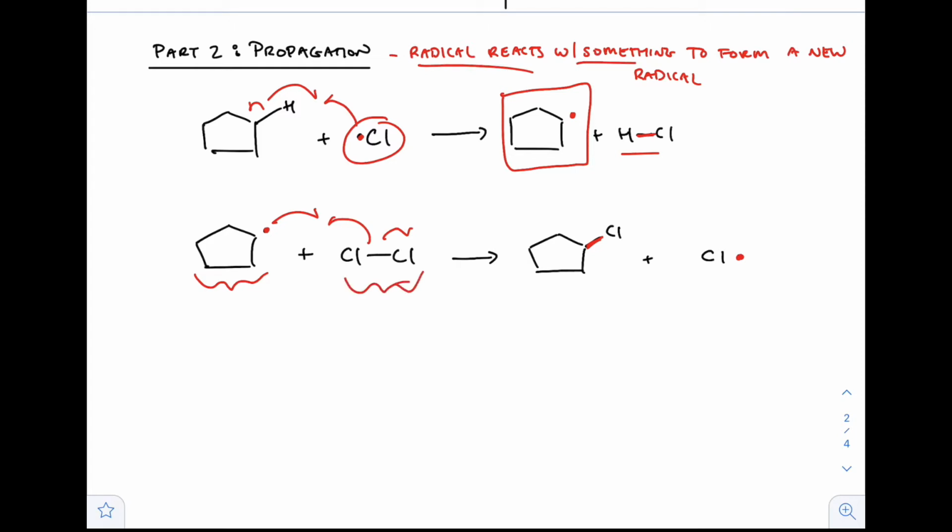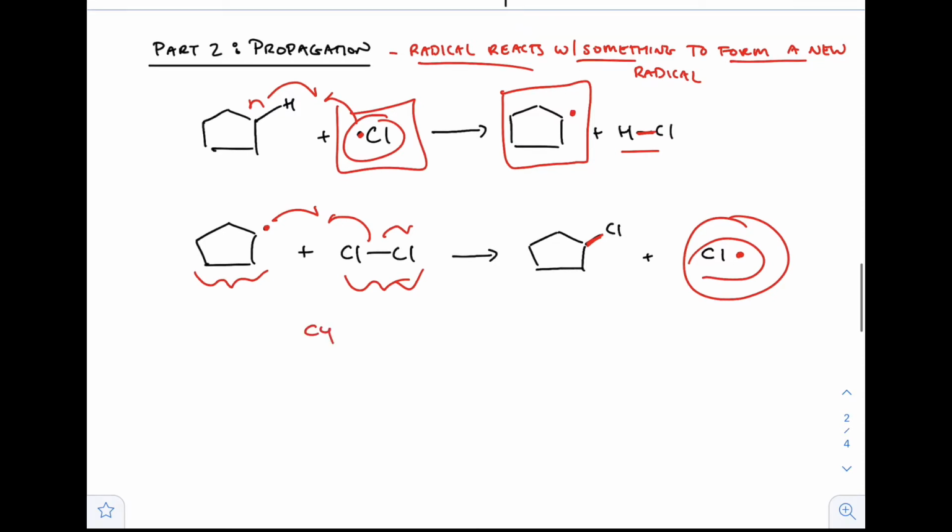So now that chlorine radical can just go back up to the top of this cycle and react with another cyclopentane molecule, which forms a cyclopentane radical, which then reacts with more chlorine, which then forms more chlorocyclopentane product, and the cycle continues.